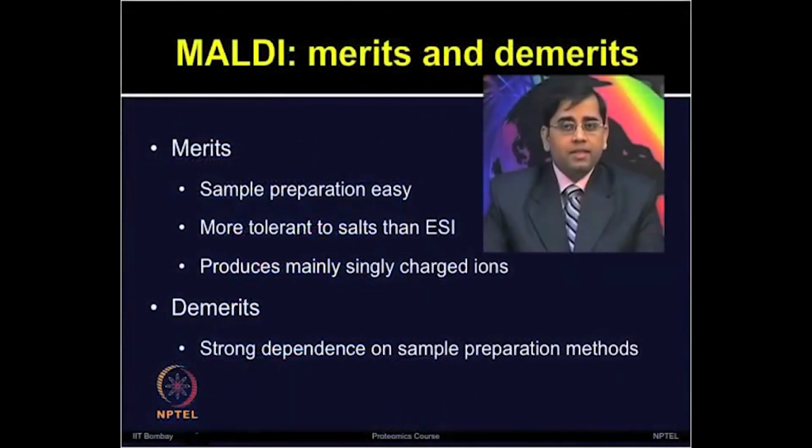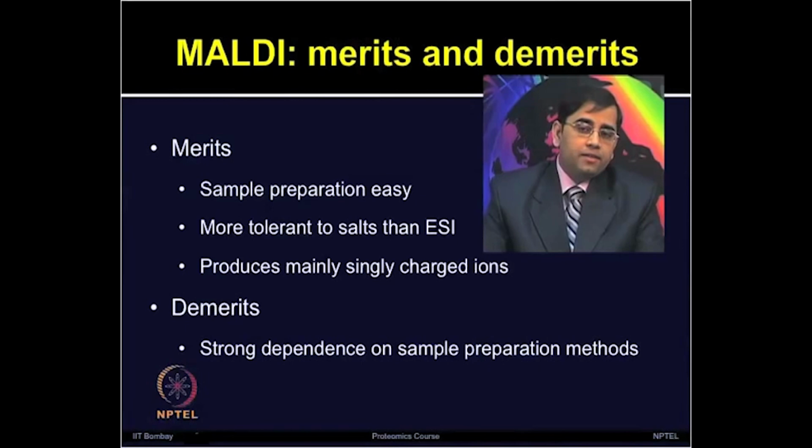Now, the various advantages and disadvantages of using MALDI as an ionization source. The sample preparation is very easy. The MALDI provides high tolerance to salt as compared to the electrospray ionization methods. The MALDI produces single charge species. Most analytes can accept the single proton.